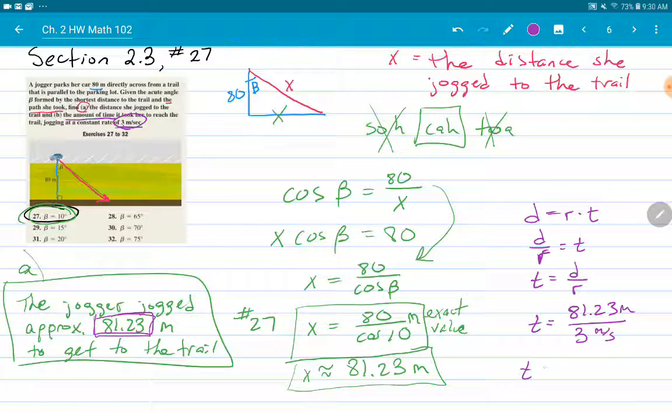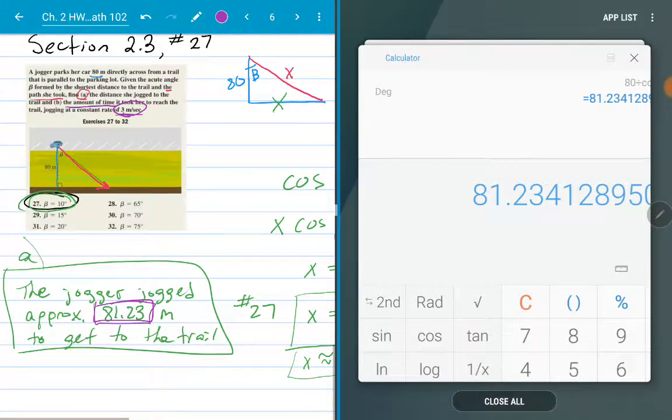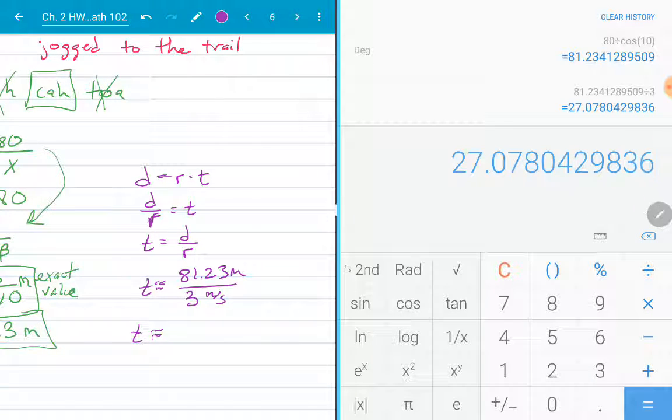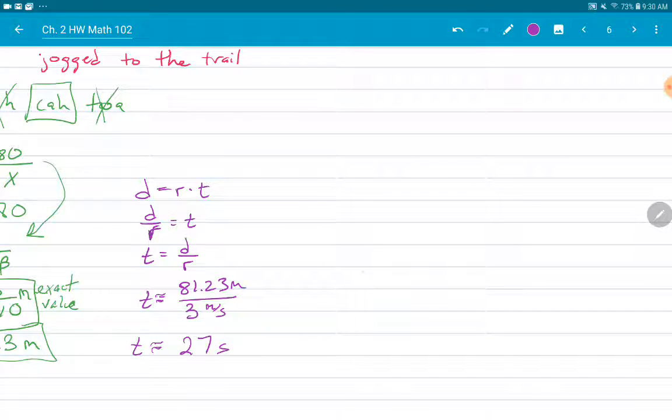So I get time equals that distance that we had, equals approximately, divide that by 3, and I get about 27 seconds. Just as a side note, I'd also like to show you how that units worked out. So we have the meters divided by meters per second.